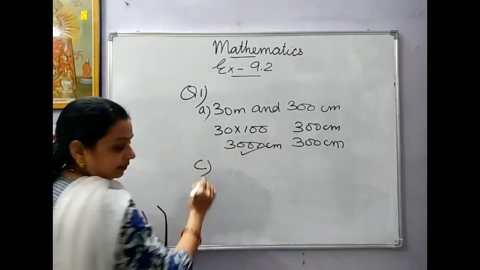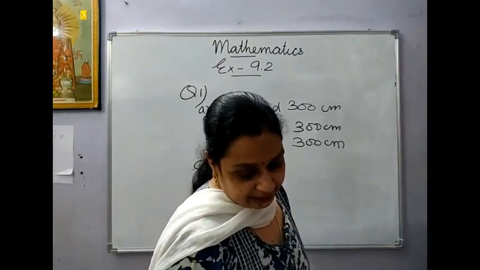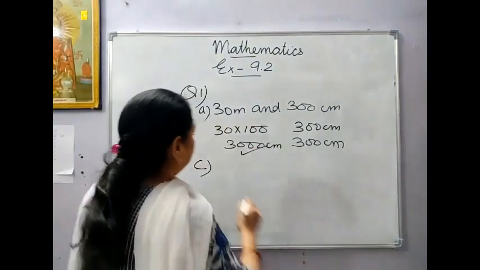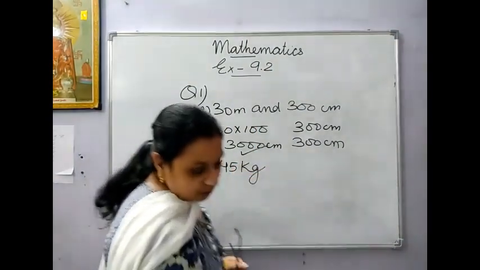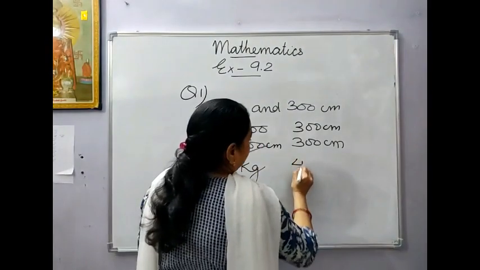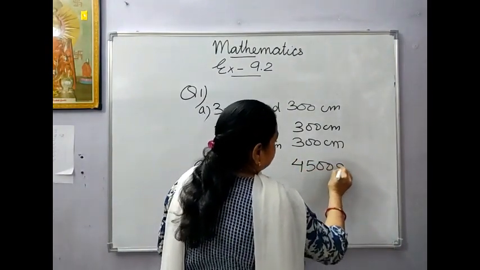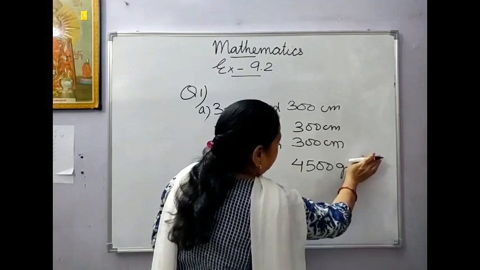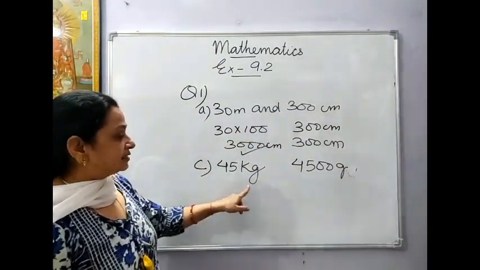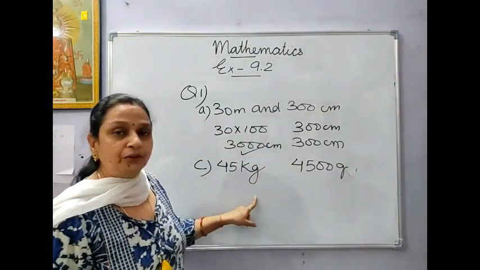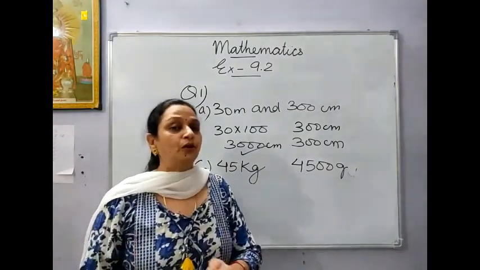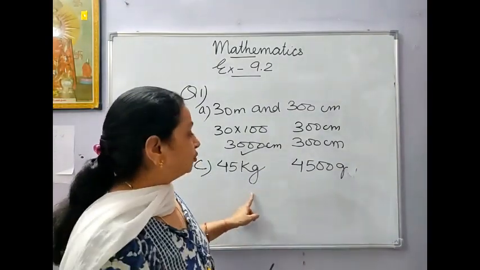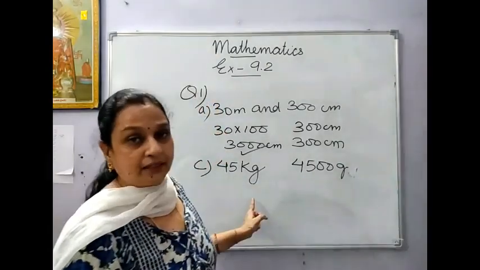Then I'll give another example. C1, it is 45 kilograms, and you have to compare it with 4500 grams. Now, in this, convert the higher unit into the lower or smaller unit, and when we convert higher into smaller we always multiply, and you know there are 1000 grams in 1 kilogram.